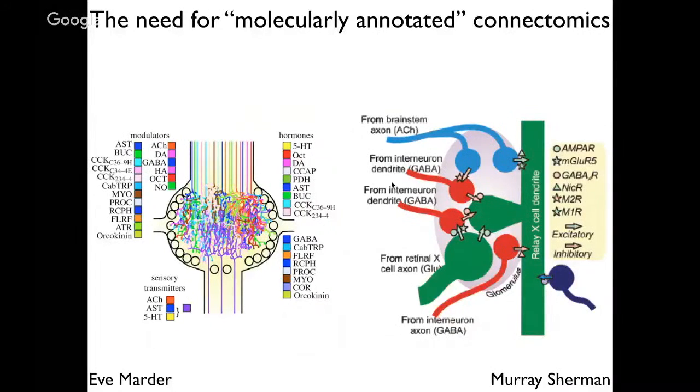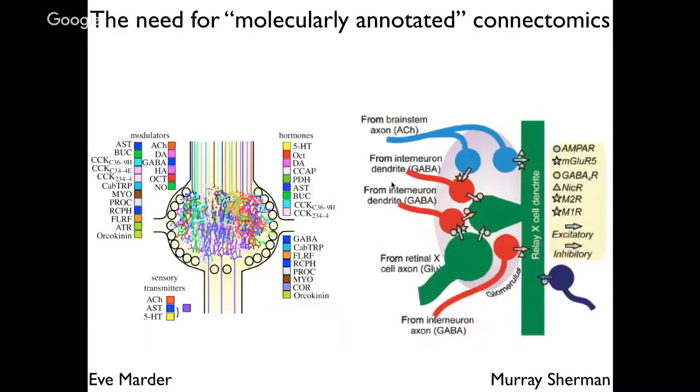On the left here is a slide from Eve Marder, who studies the crab stomatogastric ganglion, a region in the gut of a crab that has about 30 or so neurons, and it actually has more neuromodulatory molecules that affect it, influencing how the synaptic transmission works, or how the ion channels in the cells respond in time, or things like that.